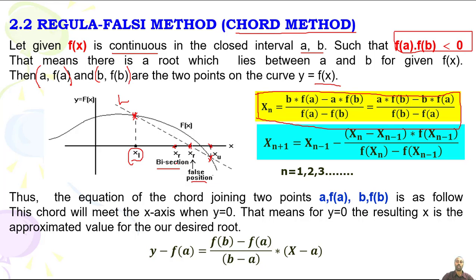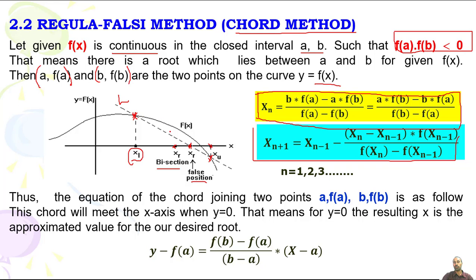You just do iteration. So you have xn plus 1 is equal to xn minus 1 minus xn minus 1 times f of xn minus 1, then f of xn minus f of xn minus 1, the slope of this line.